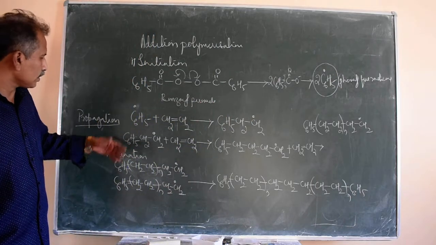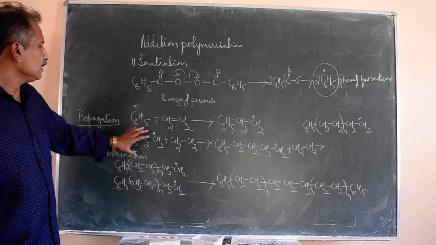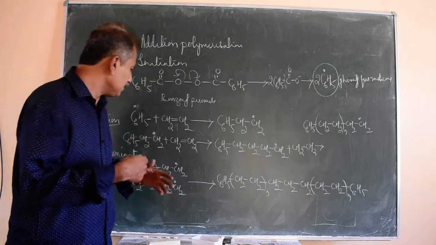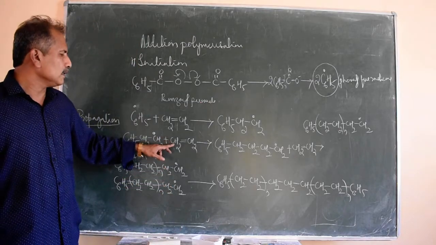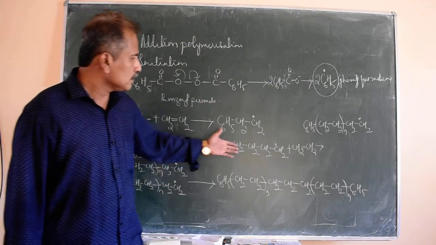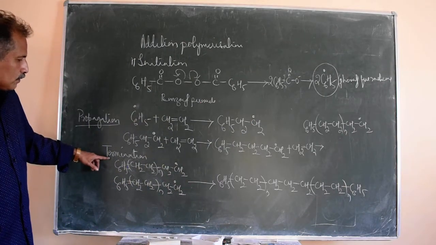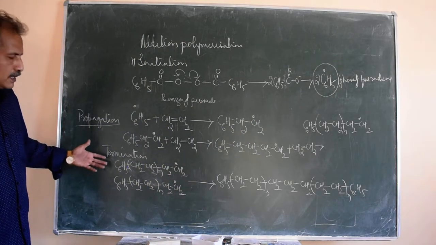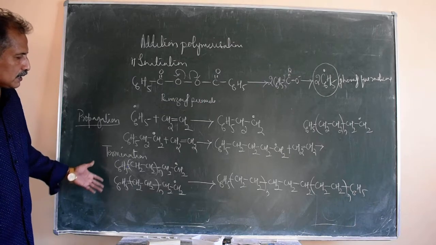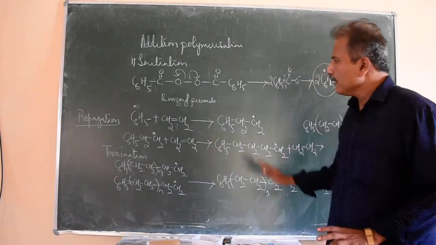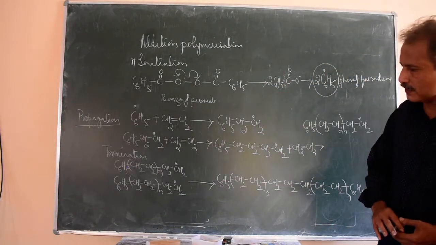Then the chain goes on propagating, adding more and more ethene molecules. Now it can terminate in many ways. I have given one way of termination of the reaction. Okay. So this is how addition polymerization takes place.